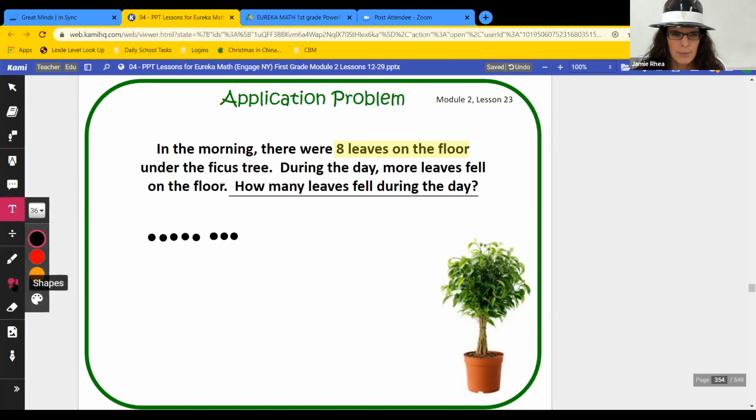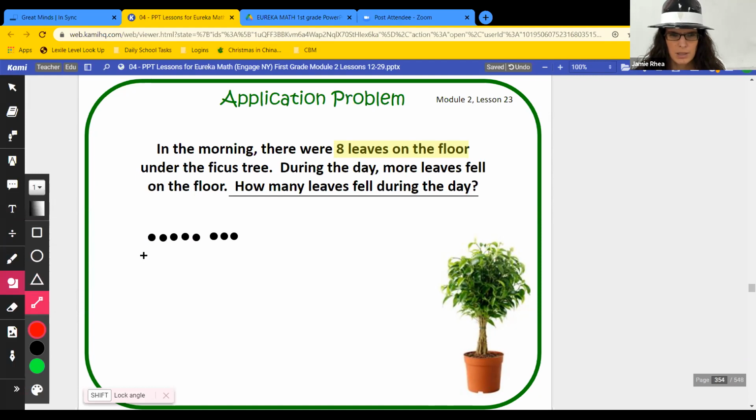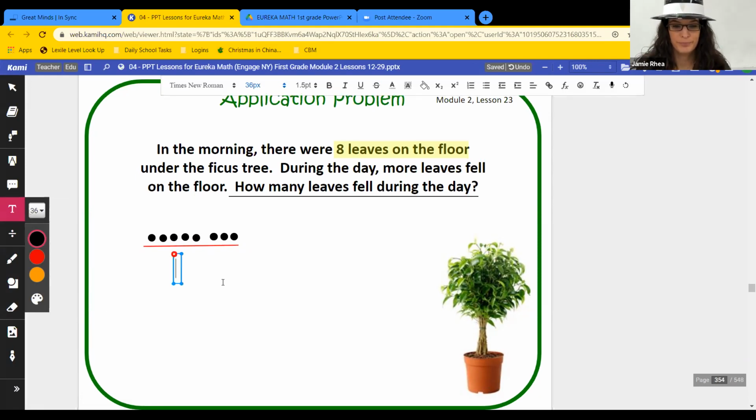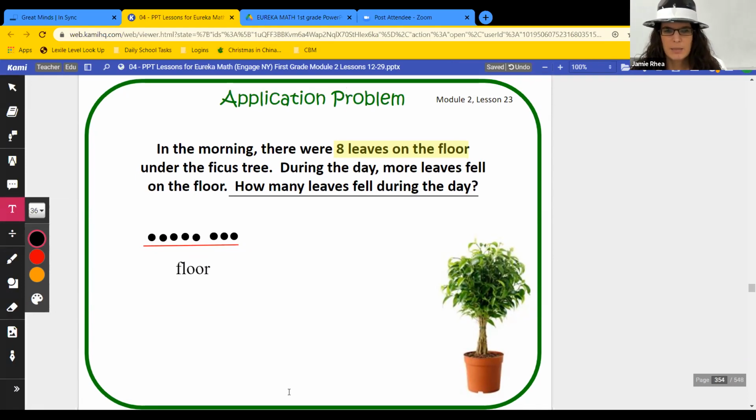So here's what I'm going to do. I'm going to underline this, and I'm going to label it. I'm trying to get it straight. All right, close enough. And I'm going to label it floor. Okay. Now, let's keep looking for clues. Here we go.